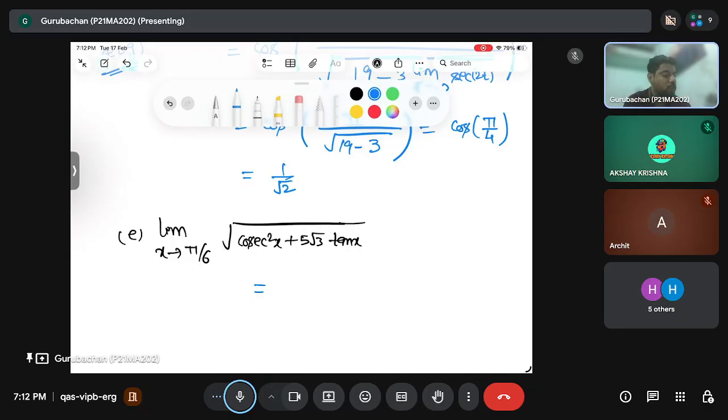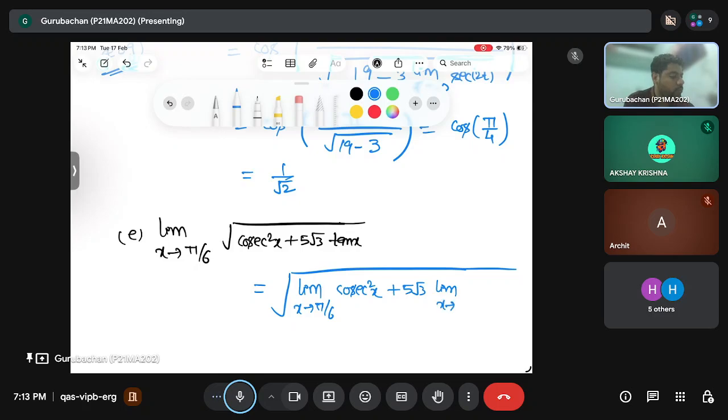3 is correct. So algebra of continuity allows us to apply this limit, x tends to pi by 6, explicitly to both the functions: 5 cosec square x plus root 3 tan x.